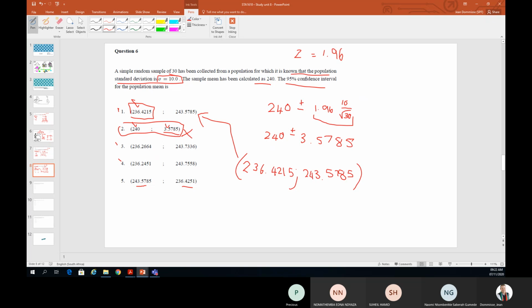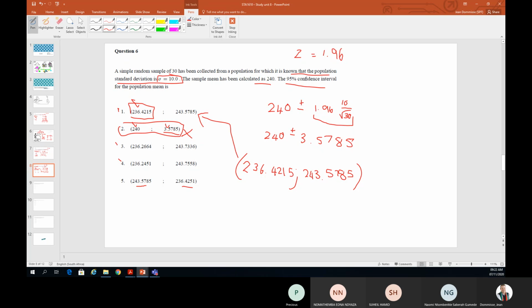We've identified then that if it's known, it is the Z. There are normally three possibilities for the confidence interval that they will use in the exam: 90%, 95%, or 99%. 95 is nearly the most used, and you can write this down, but it's also in that page where I did the summary of a confidence interval.